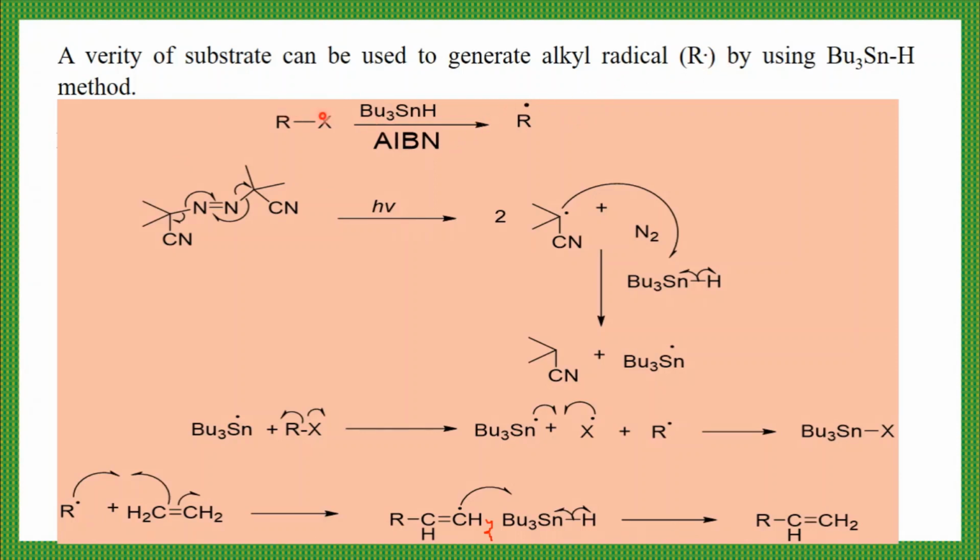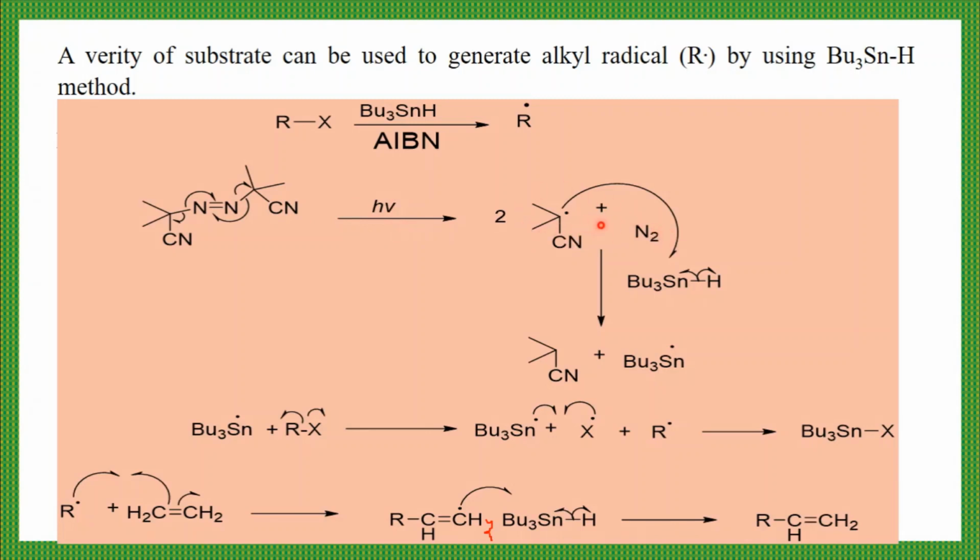So this is the simple reaction: alkyl halide on reaction with tributyltin hydride and AIBN, you will get this R radical. Then the next step is very simple. This AIBN undergoes homolysis in presence of heat. You will get this carbon radical and N2 molecule.